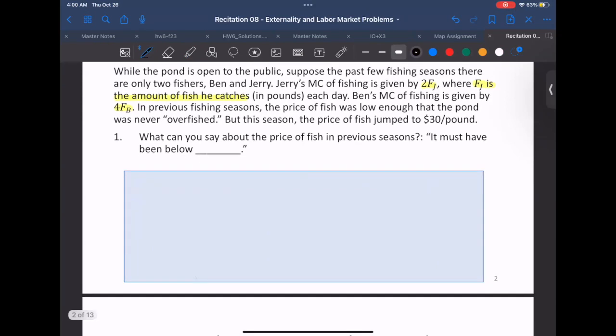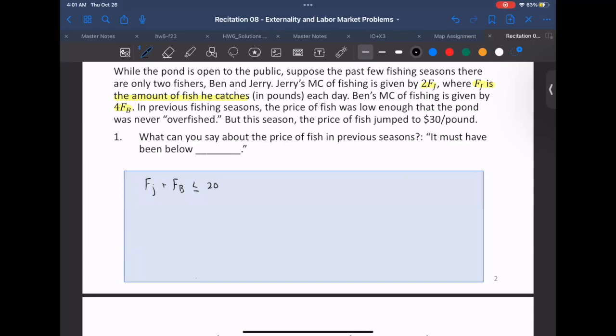So we know for a fact that FJ plus FB had to be less than or equal to 20 pounds of fish, where if we were to go above 20 pounds, then it would be overfishing. But in this case, we're not overfishing, so we know that our combined fish is going to be less than or equal to 20.